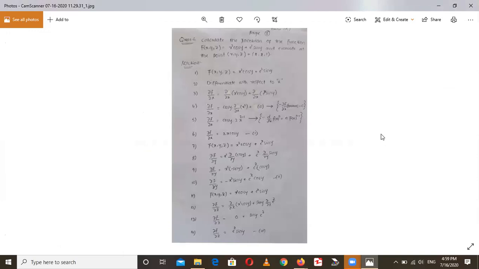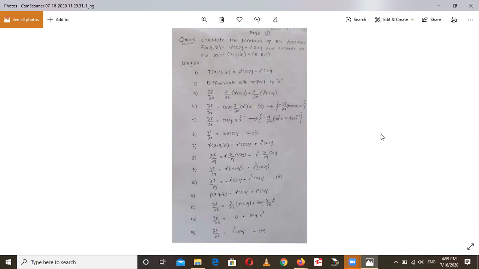In step number 1, we are given the question f of x, y, z is equal to x square cos y plus e power z into sin y. First of all, we have to differentiate this function with respect to x. In step 3, I took the derivative on both sides with respect to x.